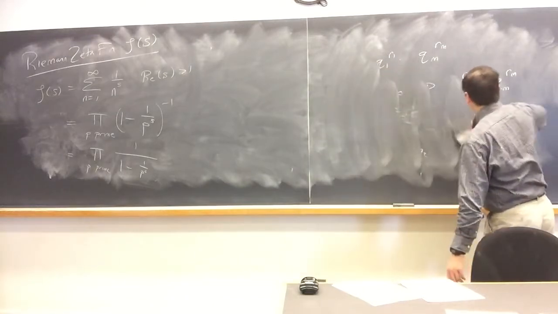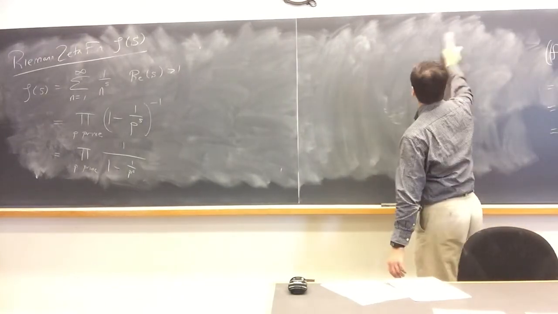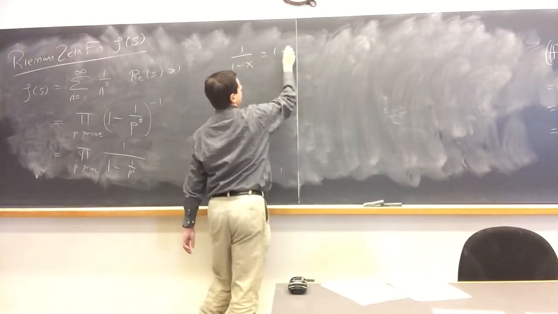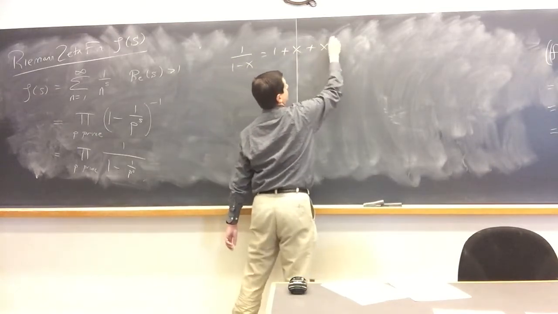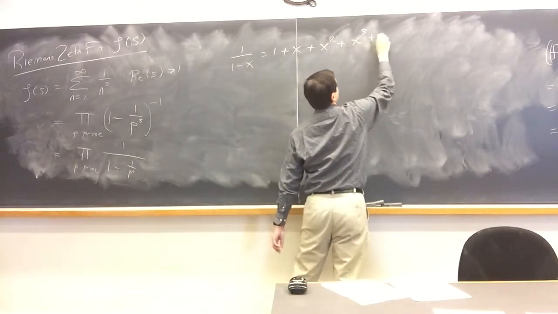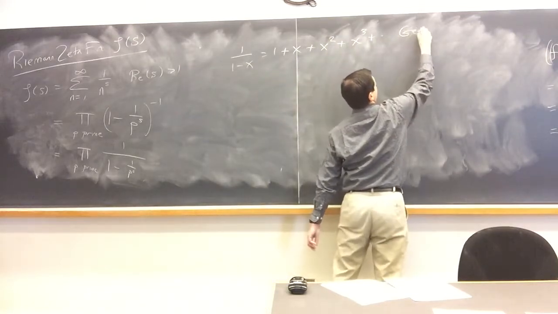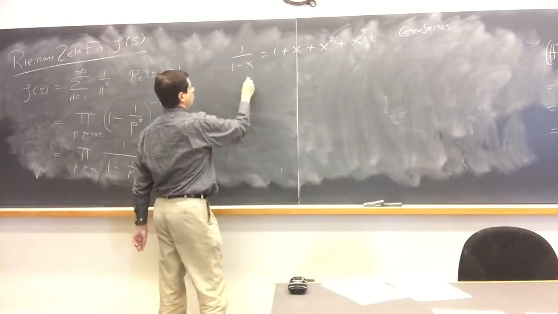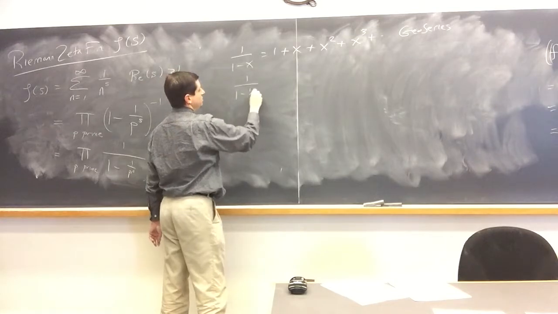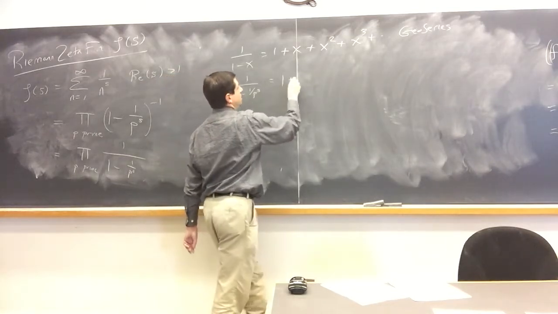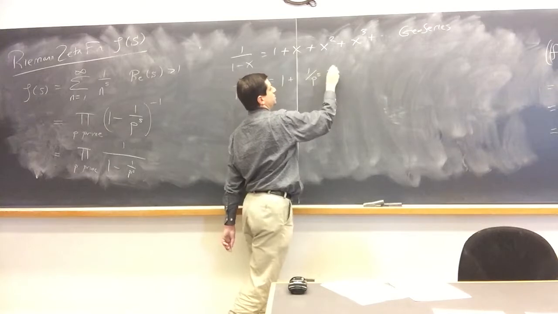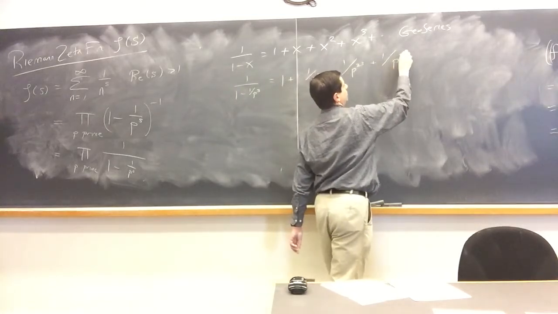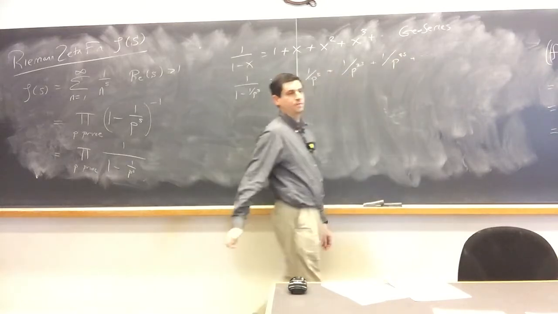So the idea, and I'm only going to sketch the proof, is the following. 1 over 1 minus x is 1 plus x plus x squared plus x cubed plus dot dot dot. Geometric series. So 1 over 1 minus 1 over p to the s is 1 plus 1 over p to the s plus 1 over p to the 2s plus 1 over p to the 3s, dot dot dot.